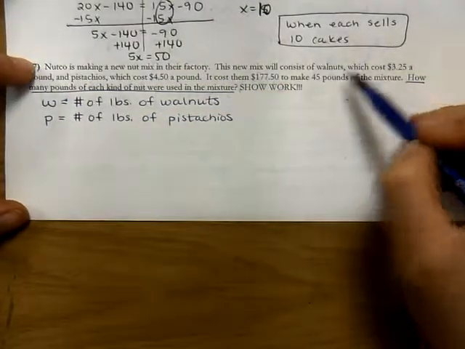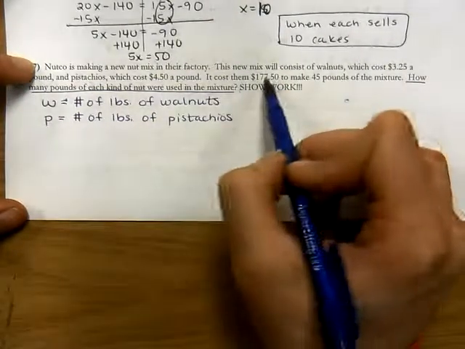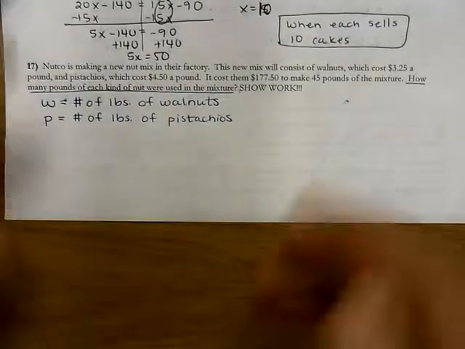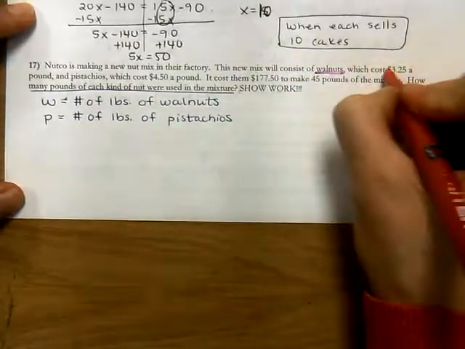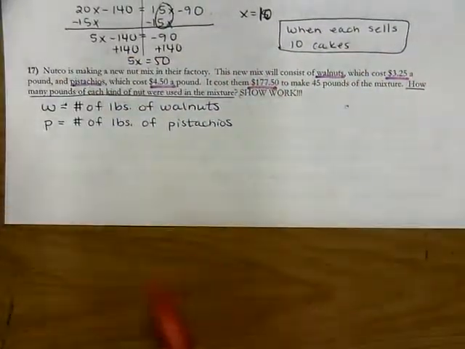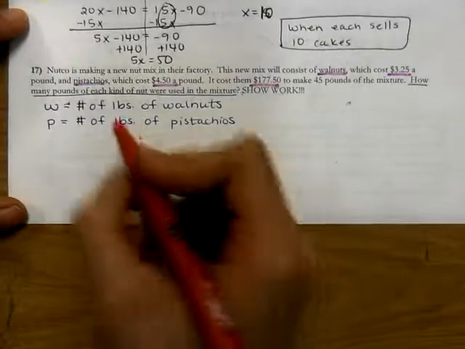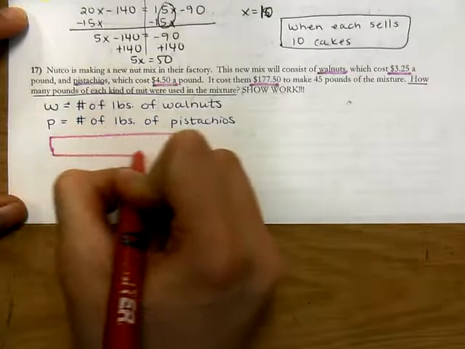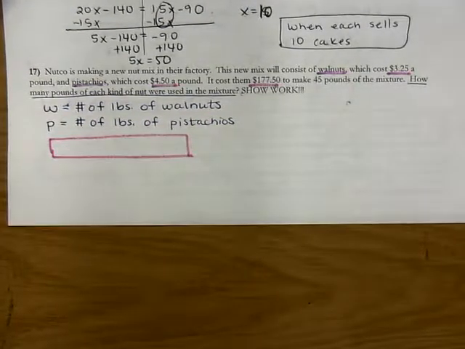So now when I look at this, it gives us some information. I see dollar signs with each of these, and sometimes that's an indication that those will go together in an equation. So I see walnuts cost that much, pistachios cost that much, and we spend that much money to make 45 pounds. So the first equation that we can write, I'm going to highlight in pink, has to do with the cost.